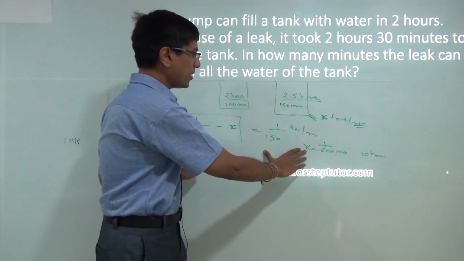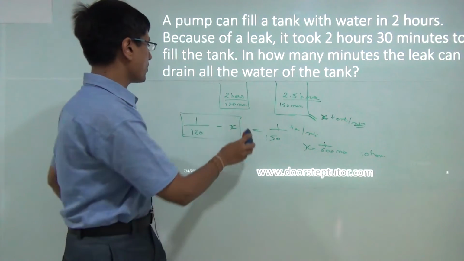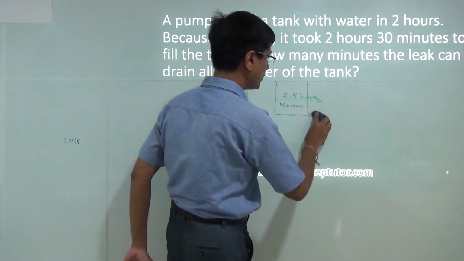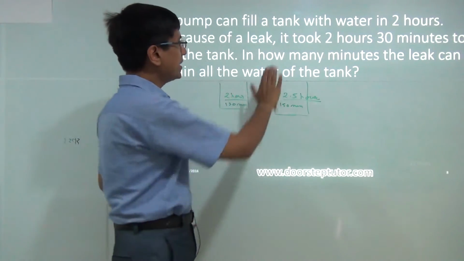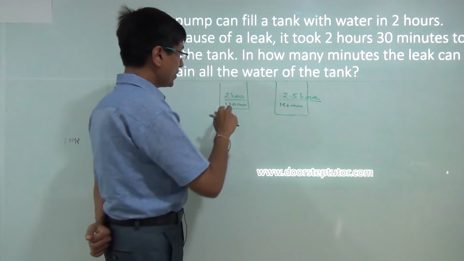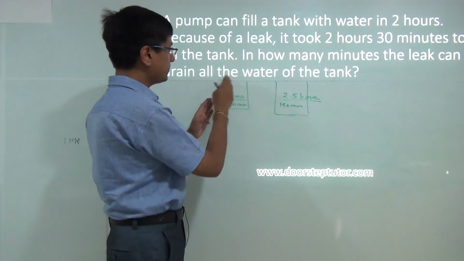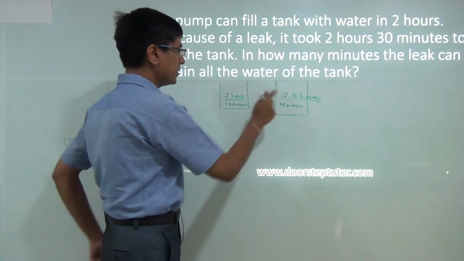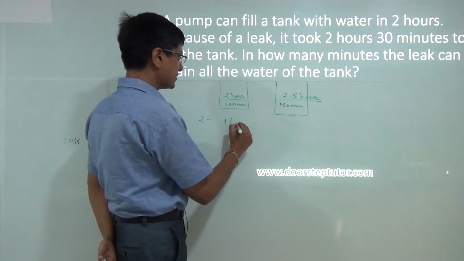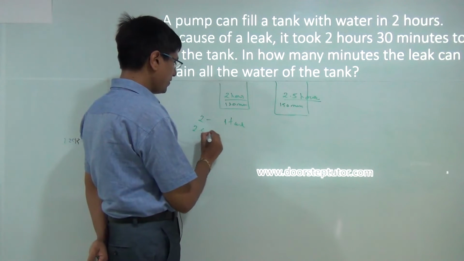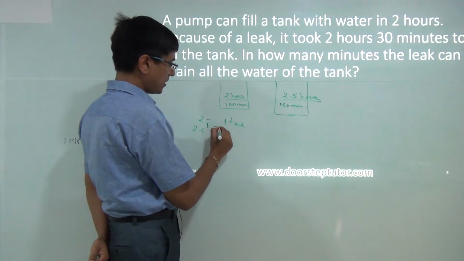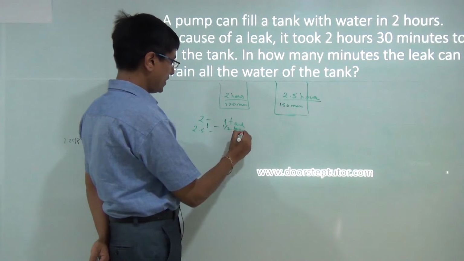Now we look at another method to solve the same problem, and as soon as you have this kind of insight in solving problems, you will be able to just read the question and come to the answer very quickly. So in 2 hours, this pump is able to fill one tank. In 1 hour, half a tank is filled.